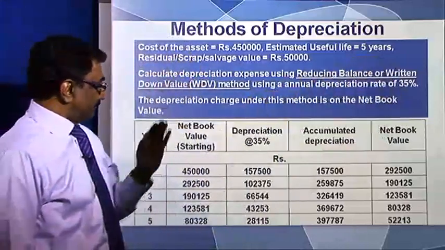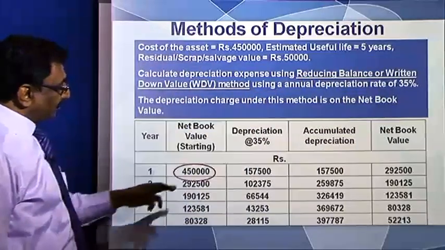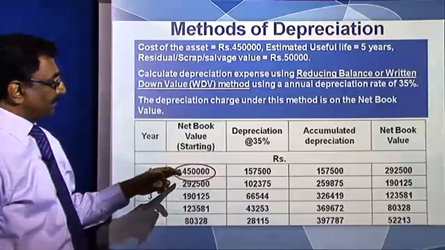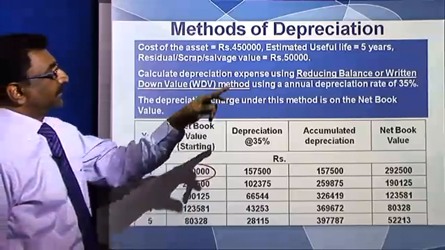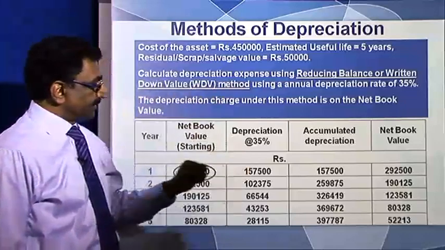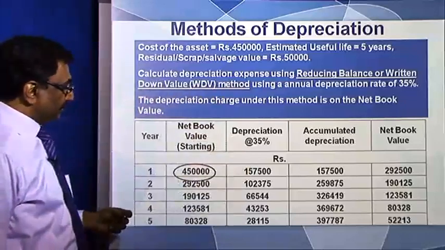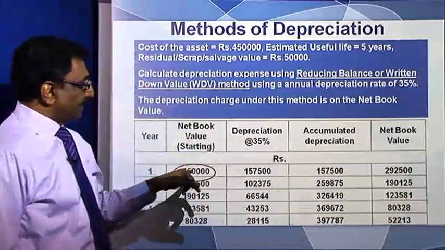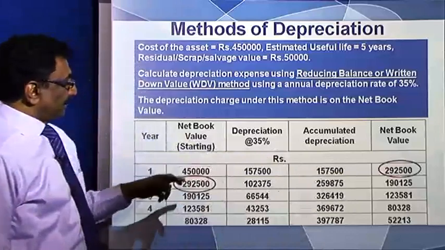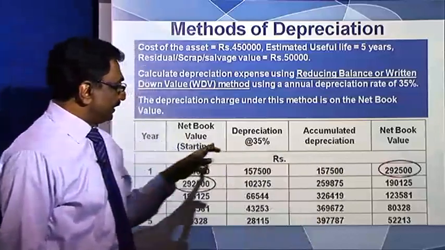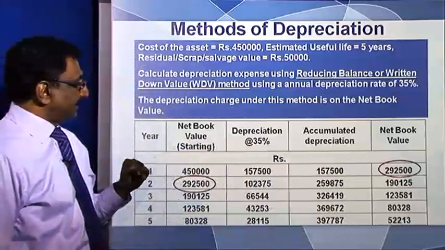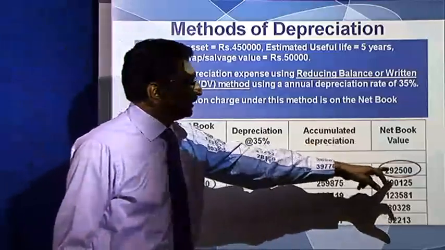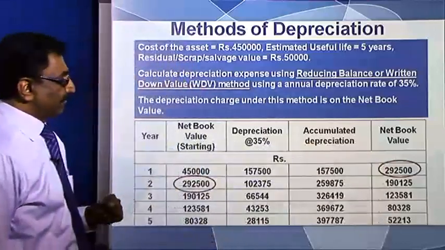Then in this system of depreciation, we start off with the starting book value, which is the purchase price. We charge depreciation at 35%, which is 1,50,500, and that then gets accumulated, and we arrive at the net book value by reducing the accumulated depreciation from the starting net book value to arrive at the ending net book value.